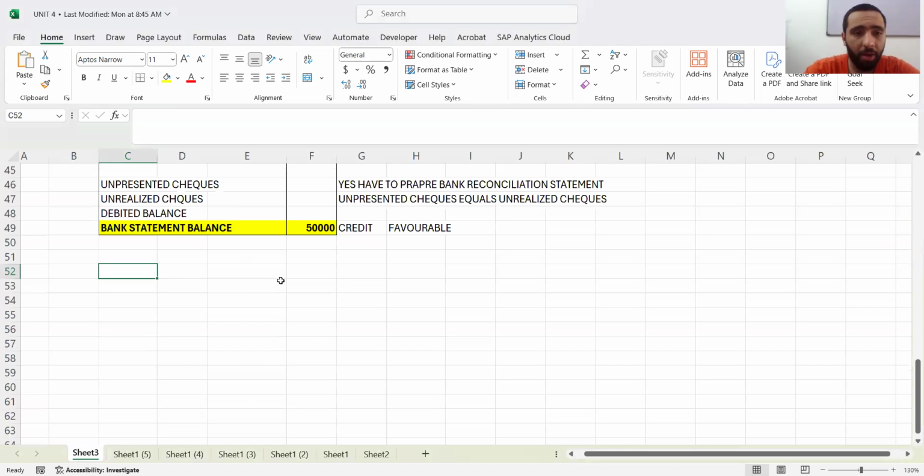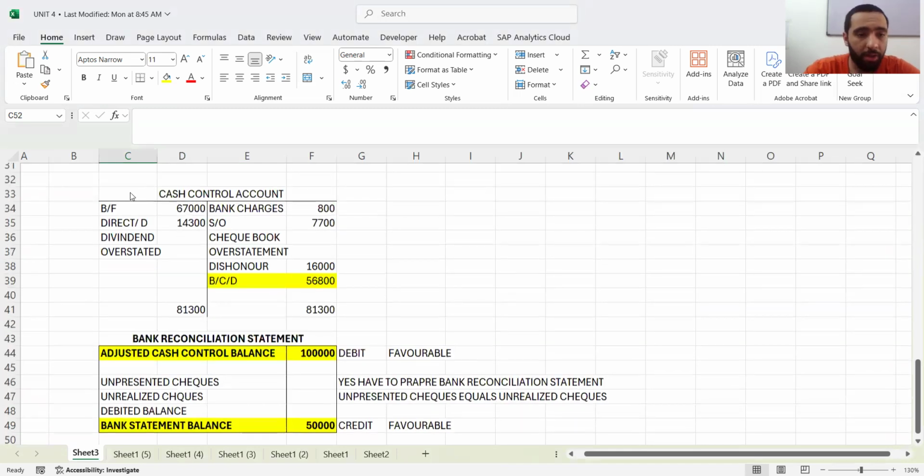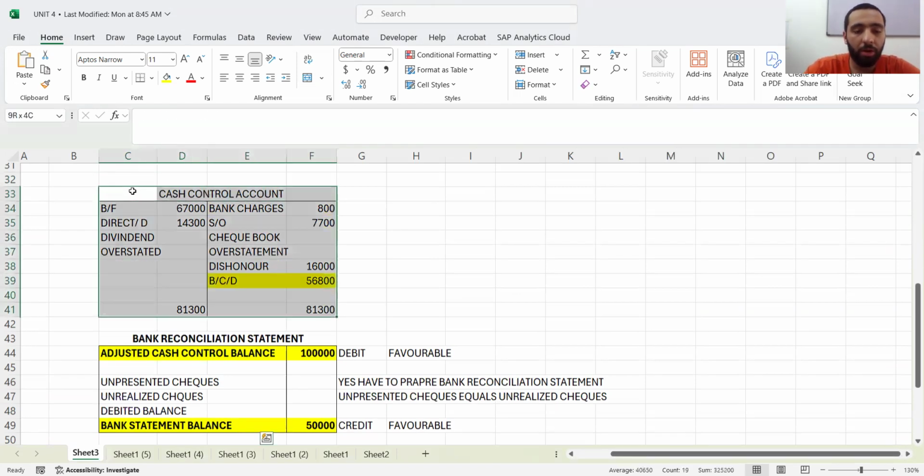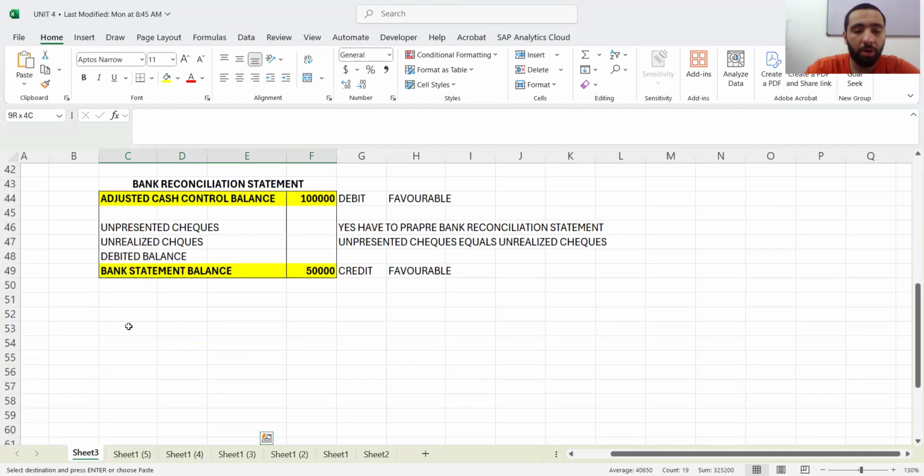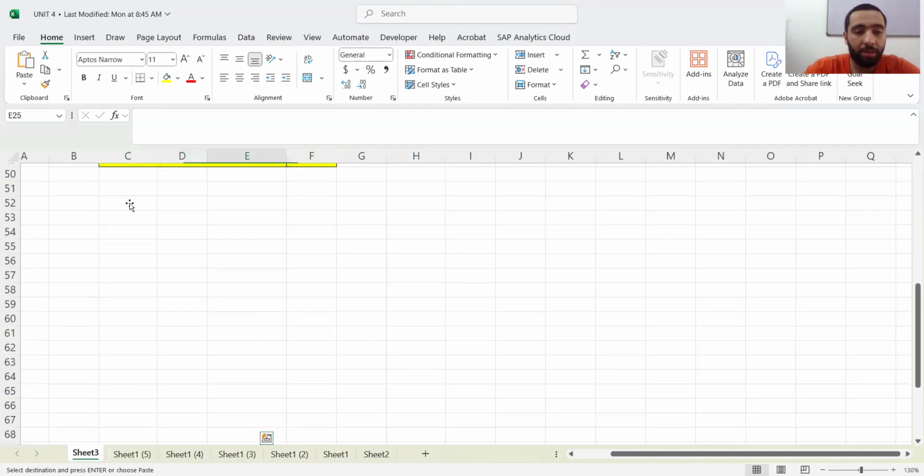Right? And then now I'm going to get the cash control account. I'm going to get a copy of this because I can do that in an Excel sheet. Okay.